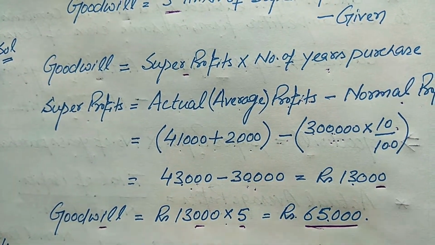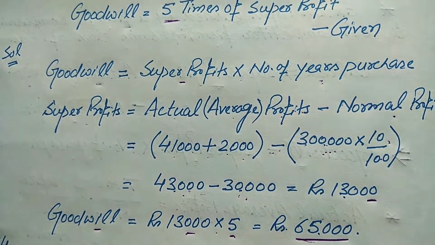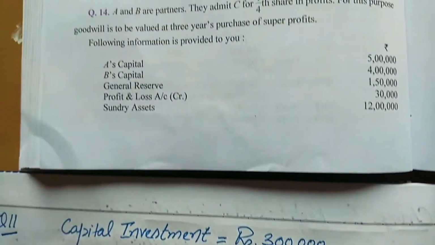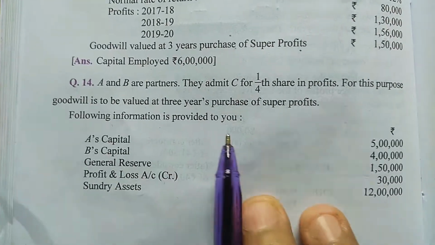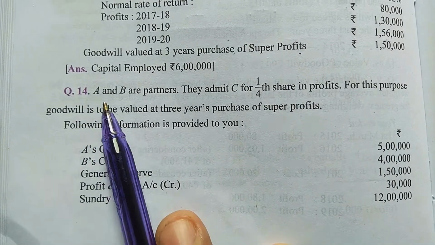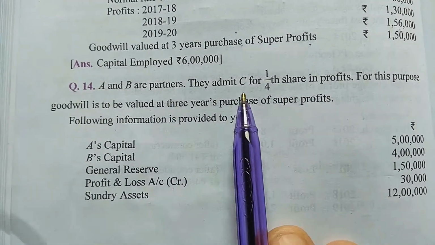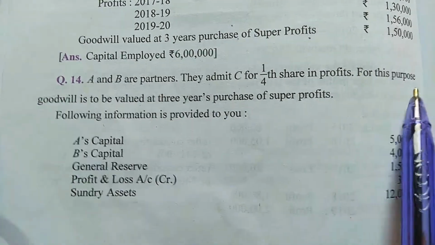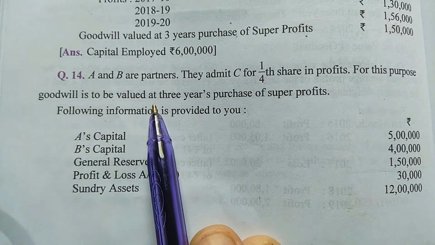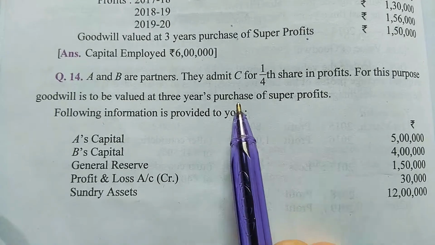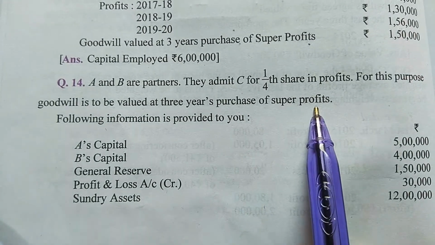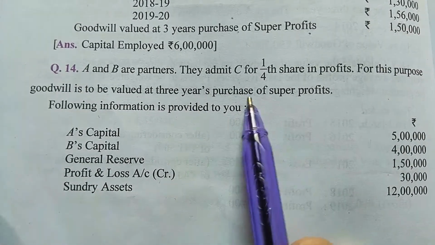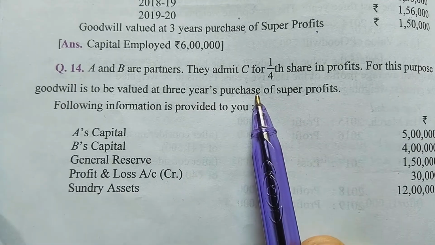See another question. This is question number 14 given in the book. In the 14th question, A and B are partners. They admit C for a 1/4 share in profit. For this purpose, goodwill is to be valued at 3 years purchase of super profit. 3 years purchase is the number of years purchase given in the question.